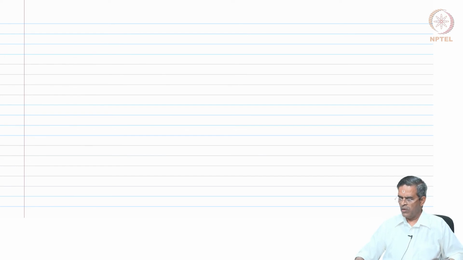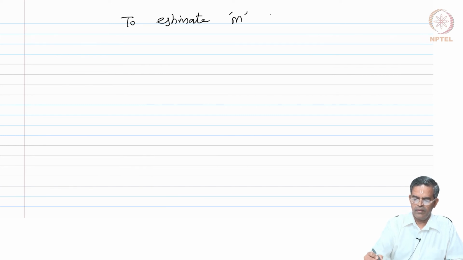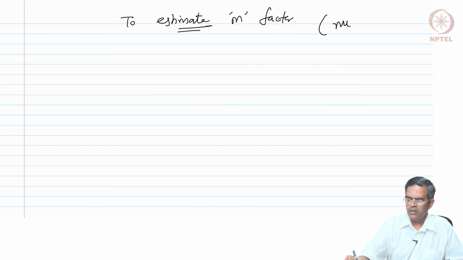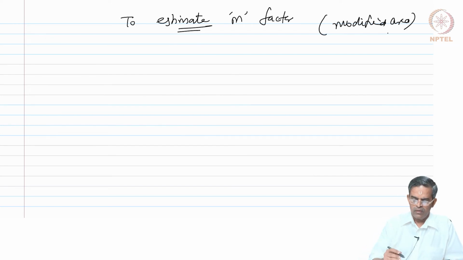So, now we are looking for estimating the m factor, which is otherwise called the modified area. How is it modified? You are applying a moment, it changes the curvature, the area is getting modified. So, where is it being used? In the stress equation.